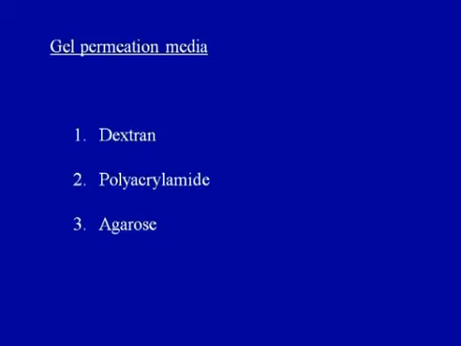First is gel permeation media. When you take the media, there should be certain properties of this column material. One is that it should be completely inert with respect to the molecules being separated. If it is not inert, then non-specific binding or adsorption might be a big problem.